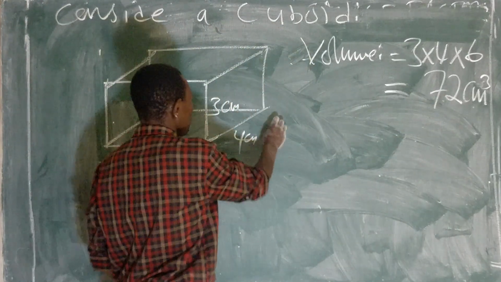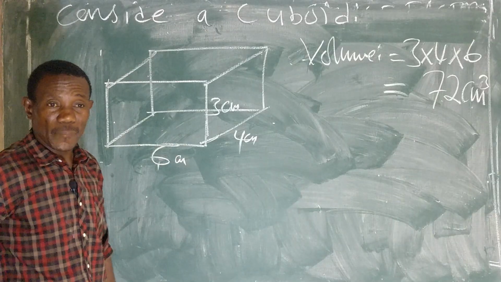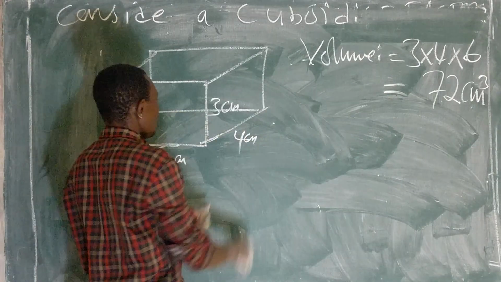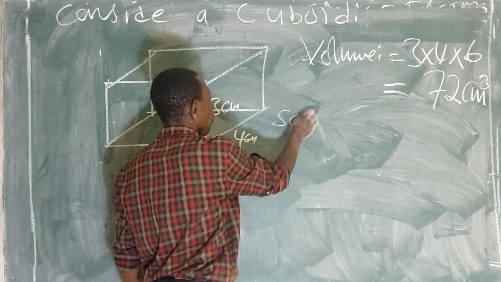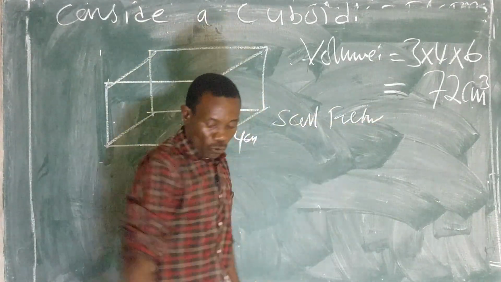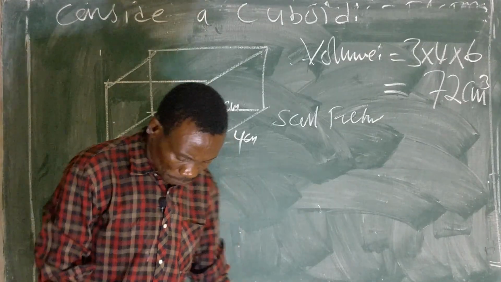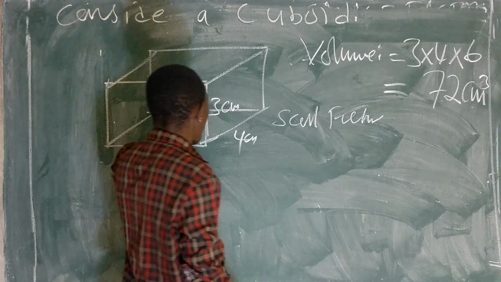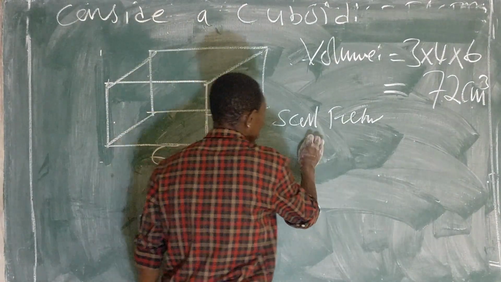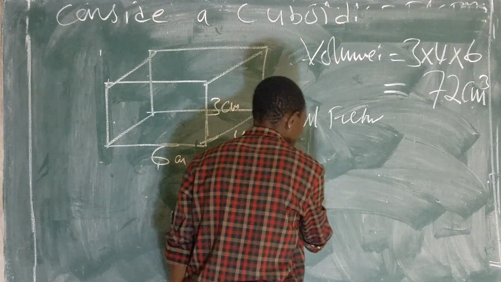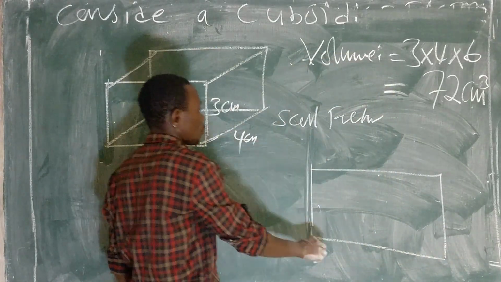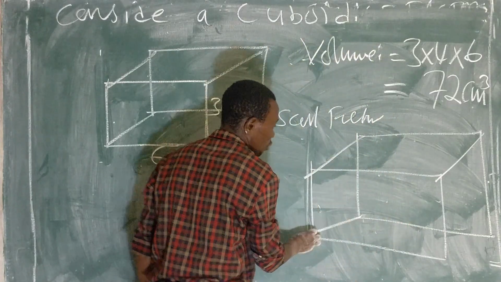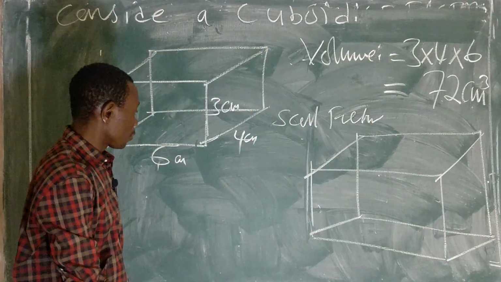Can you now try to enlarge it so that we produce a similar object? Let me enlarge this one by a scale factor of 2. I'll have something very huge, but because of space, I'll just draw it as a sketch like this, and expect the dimensions to be larger.